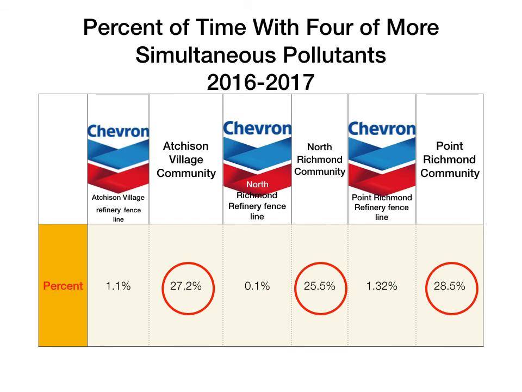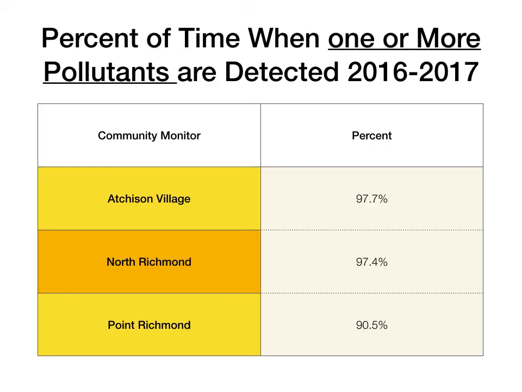And note that there are times when community monitors showed 4 or more pollutants, while the fence line monitors detected merely a fraction of those detected. And here shows the community monitors detected 1 or more pollutant over 90% of the time reported.